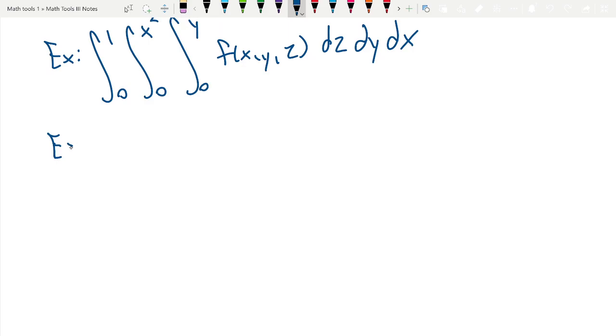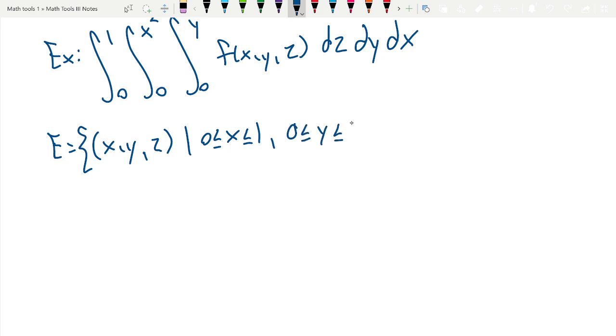The region that we're working on is (x,y,z) such that 0 is less than or equal to x, less than or equal to 1, y is between 0 and x squared, and z is between 0 and y squared.